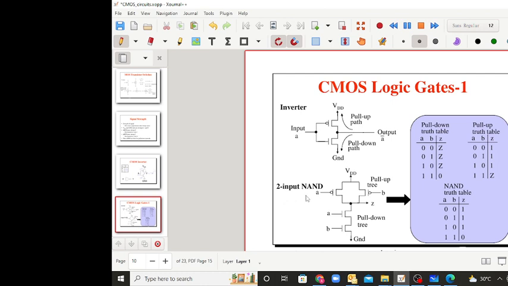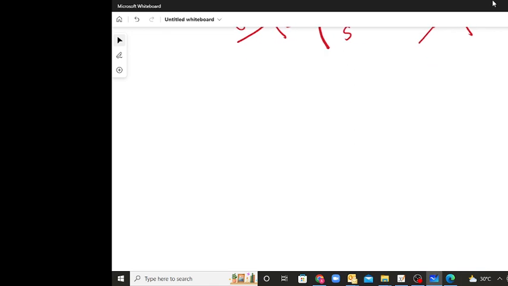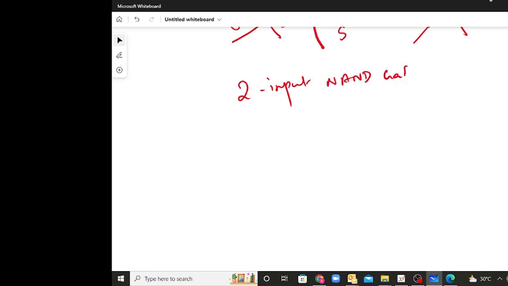Now for a 2 input NAND gate, I'll draw it here. Here you have A dot B, the whole bar. This logic is very comfortable for a whole bar.